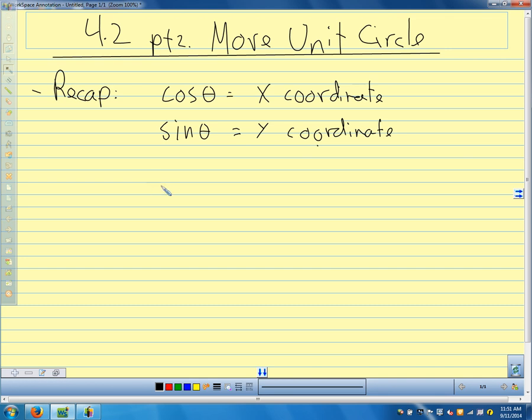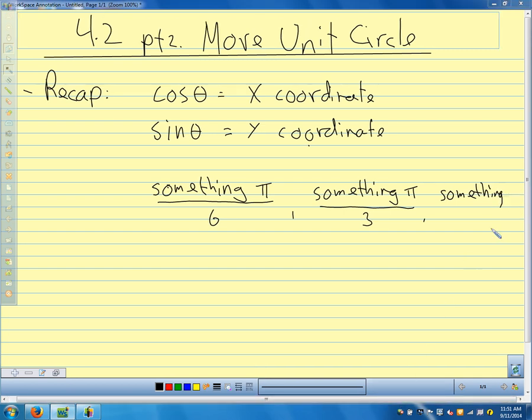What we'll see is that, I'm going to write it this way, something pi over 6, something pi over 3, and something pi over 4 are always going to be unit circle angles or coterminal with unit circle angles.